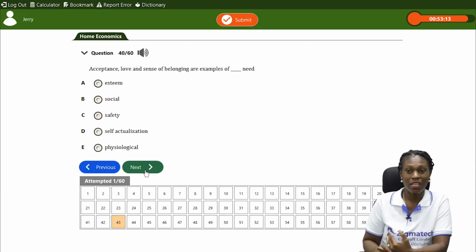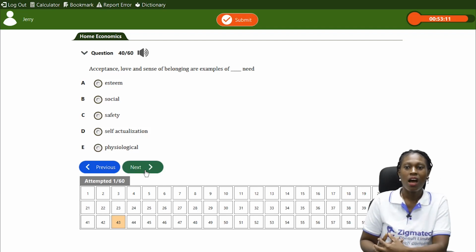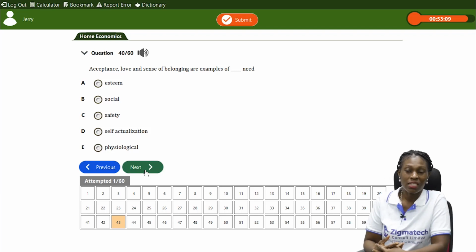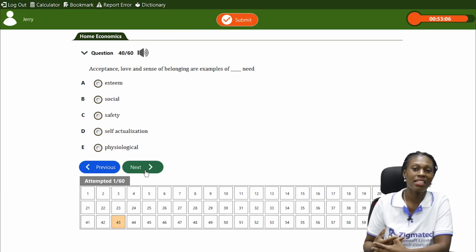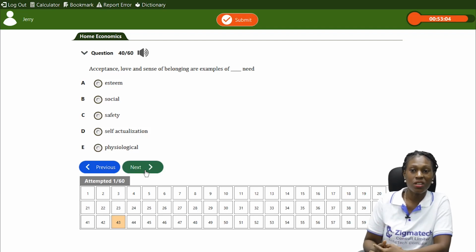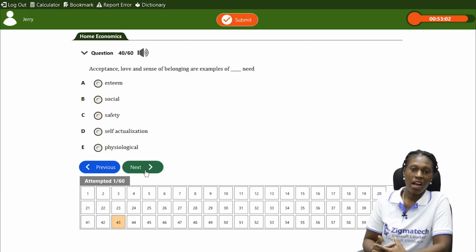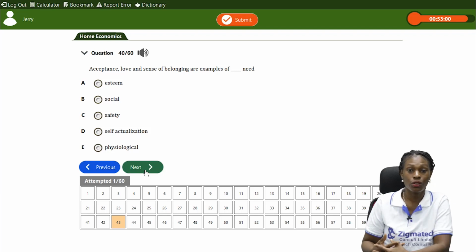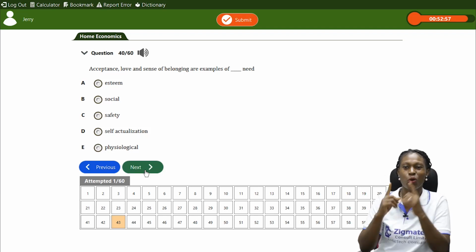If you remember what we learned today, acceptance, love, and sense of belonging are examples of what? Are they esteem needs? Social needs? Safety needs? Self-actualization or physiological needs? Of course, they are social needs.